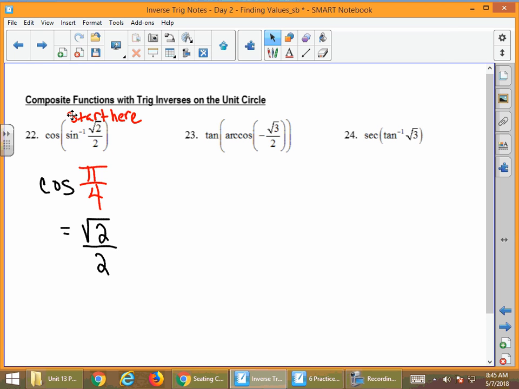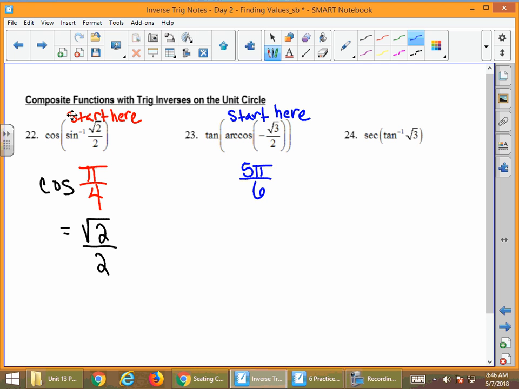When we go to problem 23, arc cosine of negative the square root of 3 over 2, if we look back at problem 21, we know what that value is. We just did that problem. But we're going to start on the inside, starting far right in this problem. As we look up at 21, we see that the answer here is 5 pi over 6.